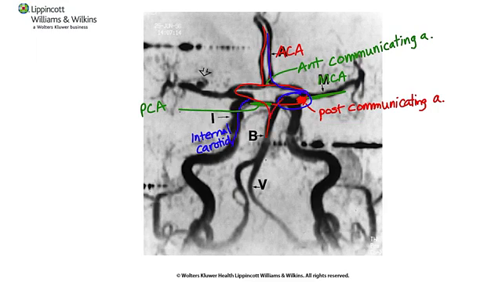And it's coming together with the left posterior cerebral artery to form the basilar artery, that big midline artery that runs down the anterior surface of the brainstem. Then the basilar artery splits into two vertebral arteries, and this little one coming off the top of the basilar artery is the superior cerebellar artery. And remember, the PCA is bigger around than the superior cerebellar.